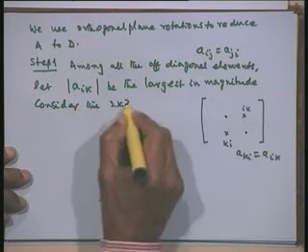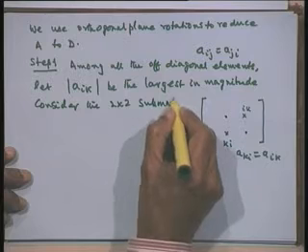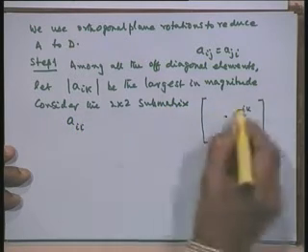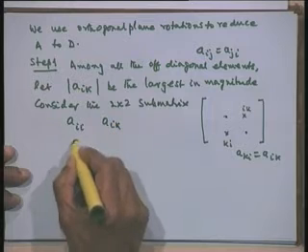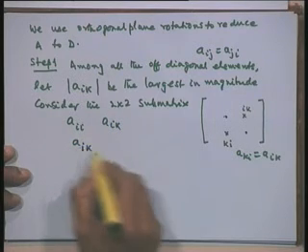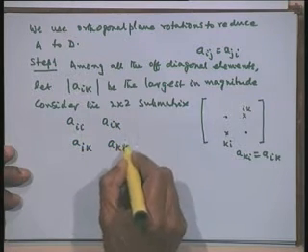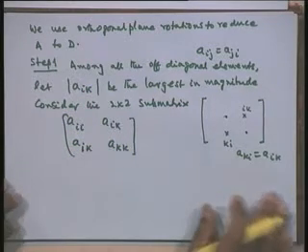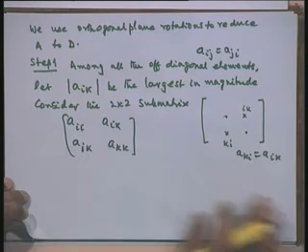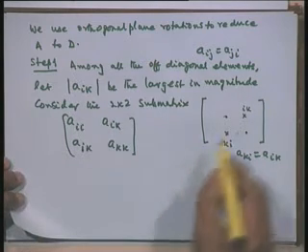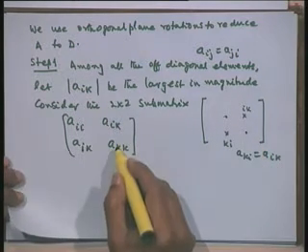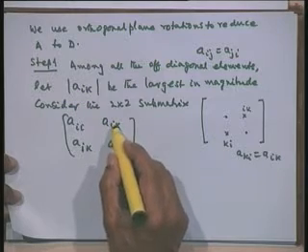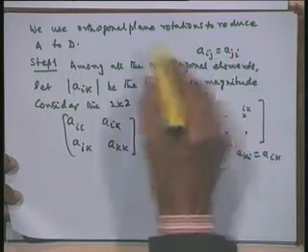This location is Aii, this is Aik, this is Aki, which we can again put as Aik, and this is equal to Akk.